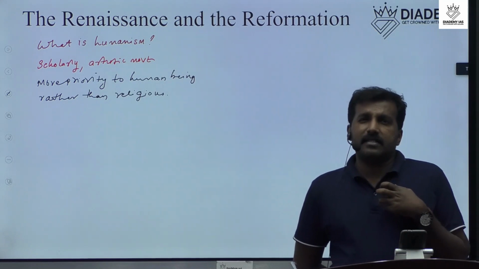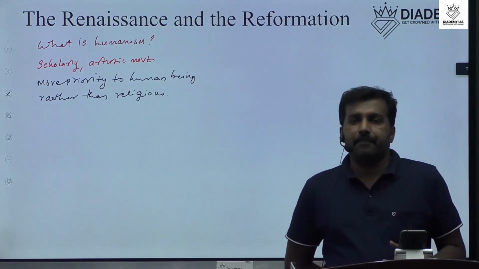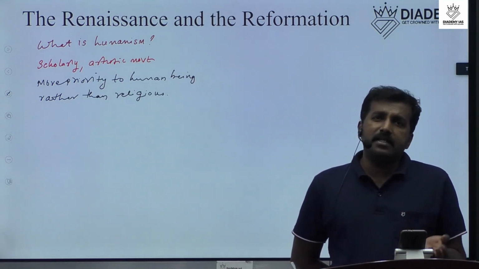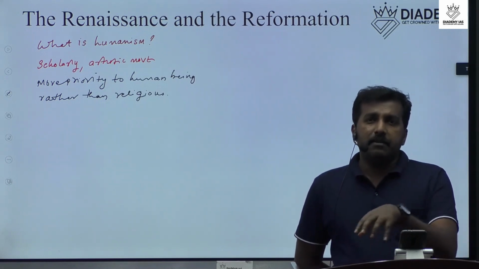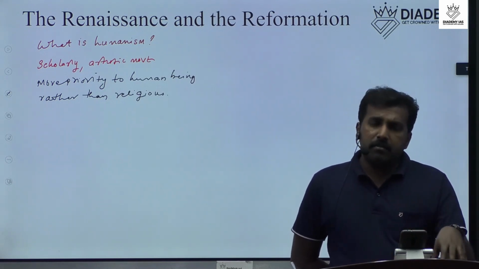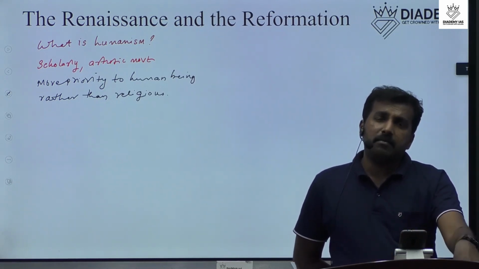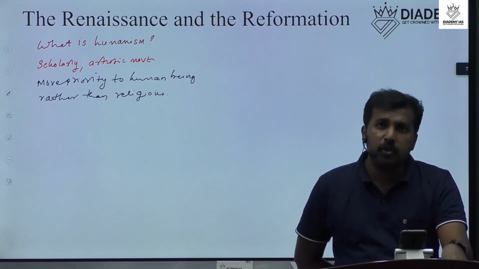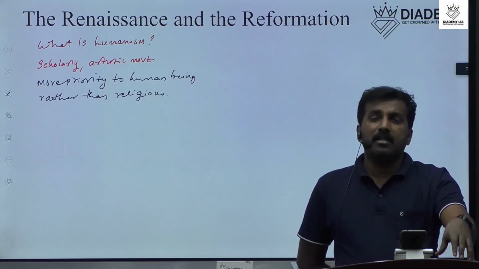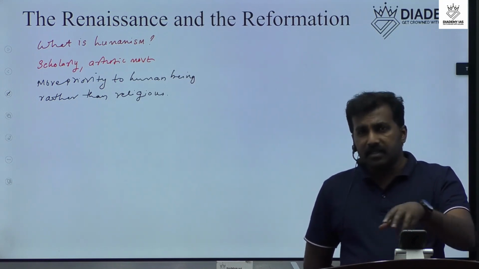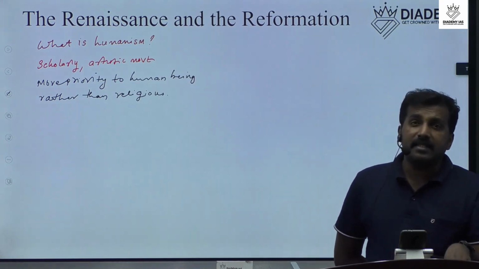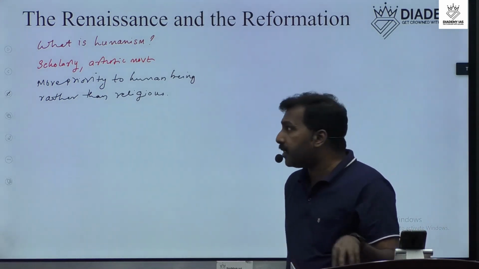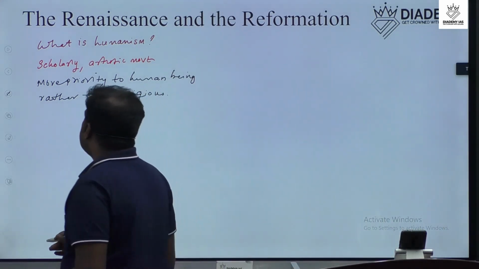And what was the definition of humanism? It was a movement in the Renaissance period. It means that society must give more priority to human beings or human life rather than religious systems or religious ideologies. So that is the point.